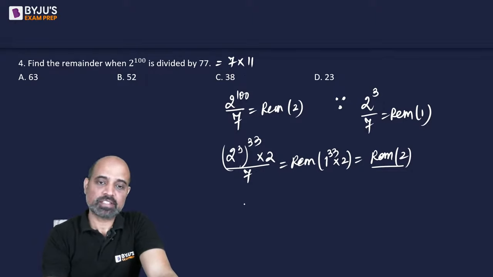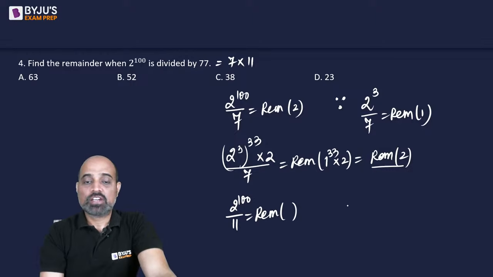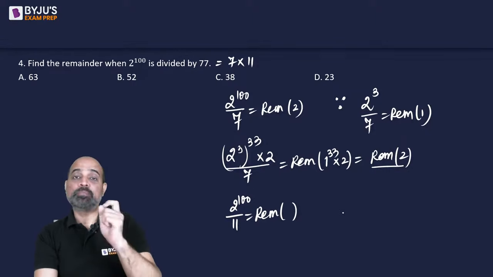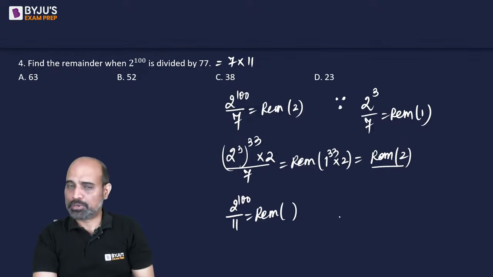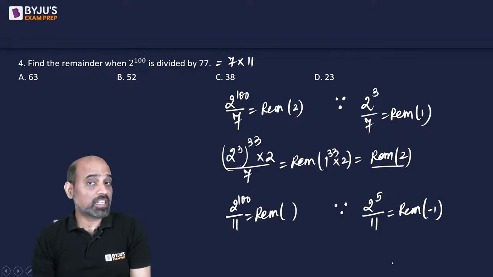Let's check 11. Now 2 to the power 100 when divided by 11, what is the remainder? We have to look at 11 and the powers of 2 and find out when we get the remainder as 1 or minus 1, which is our target. If you pay a little attention, you will realize that 2 to the power 5 is 32, and when divided by 11 it will give us the remainder of minus 1. 33 divided by 11 gives 0, so 32 gives minus 1.